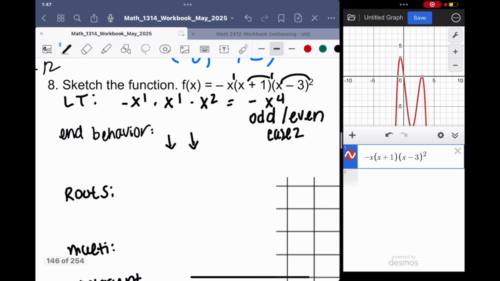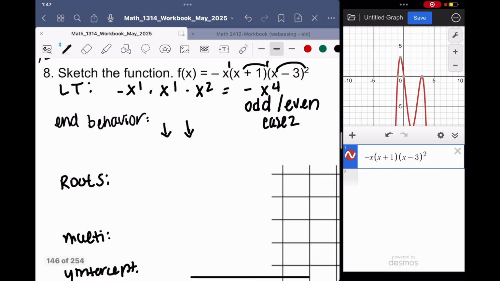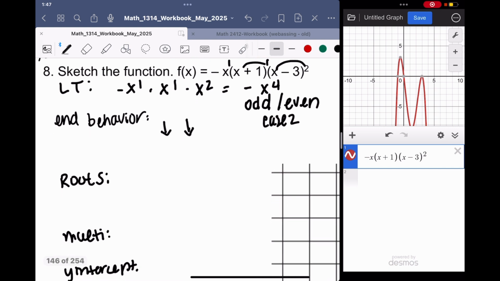So what this is asking us to do in number 8 is to sketch the function from what we see. Now, a sketch is going to be a very imperfect way of looking at the function. It's not a smooth curve the way you see in the calculator. A sketch is just a draft.